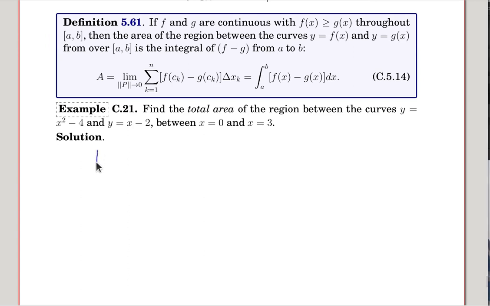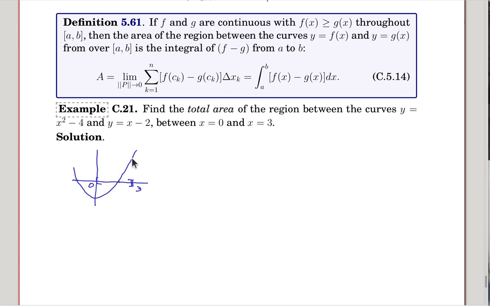Let's make the coordinates here, and our interval is from here to there, 0 to 3. The parabola is y equals x squared minus 4, so it passes through the points 2 and minus 2, goes down to minus 4, and comes up like that.